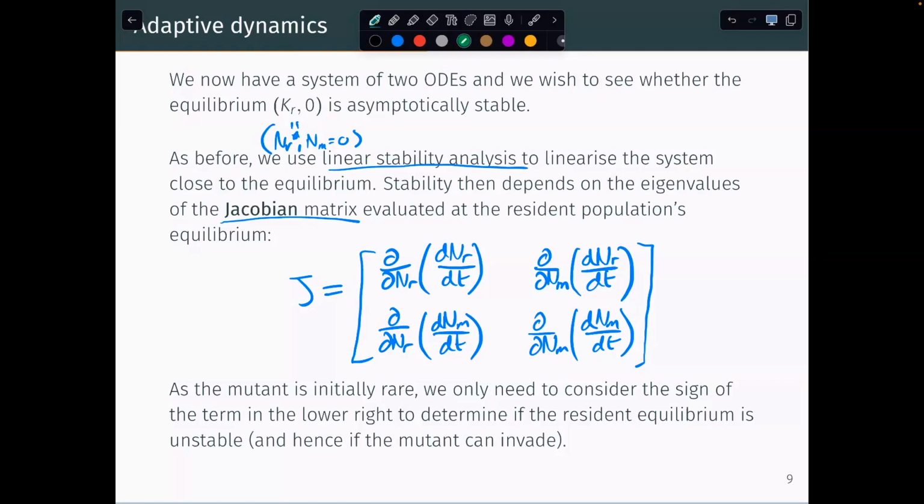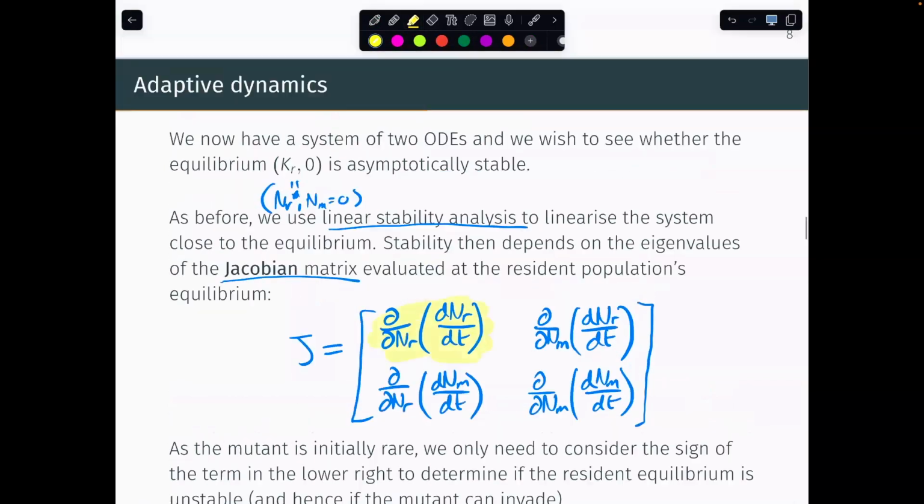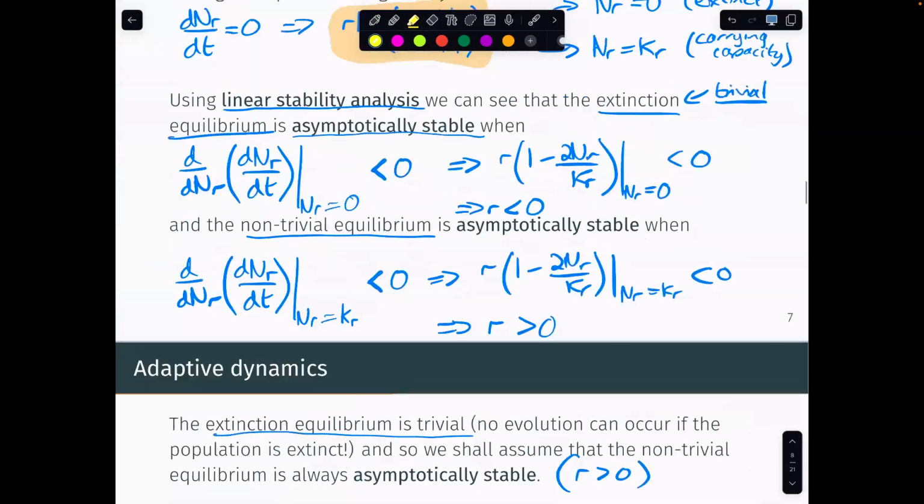Well, finding eigenvalues of a 2 by 2 is not super hard, and it's actually easier than it looks. So first of all, let's consider this term in the top left. The partial derivative of dNR/dt with respect to NR. Well, let's go back up here. We've already done this, and we've already assumed that r is positive.